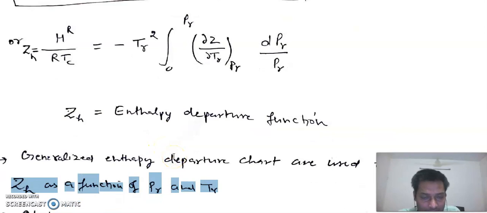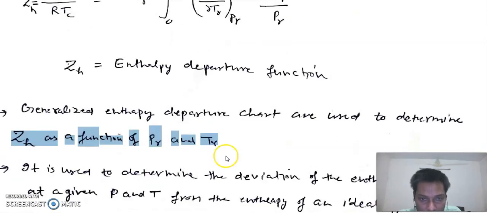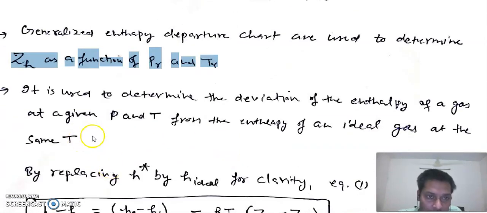These charts are available in literature. You can find them by googling. So this is used to determine the deviation of the enthalpy of a gas at a given temperature and pressure from the enthalpy of an ideal gas at the same temperature.